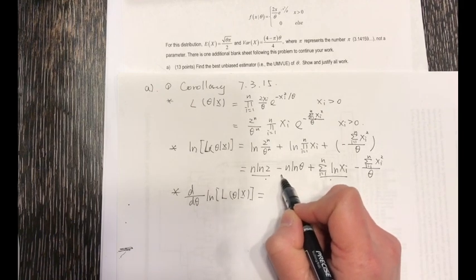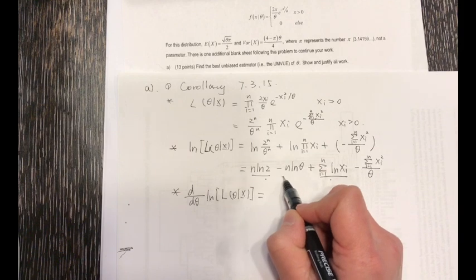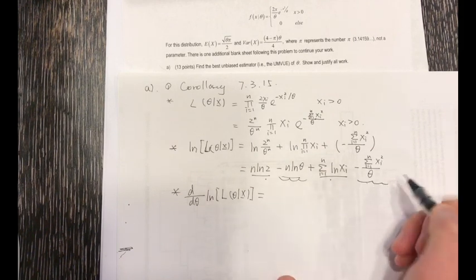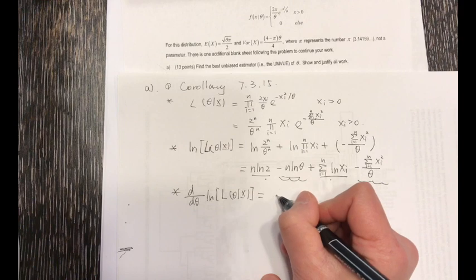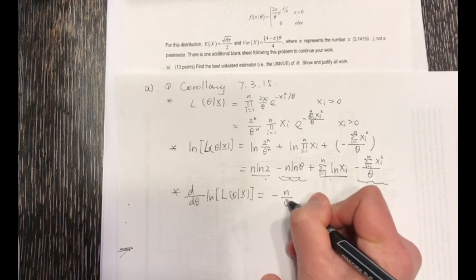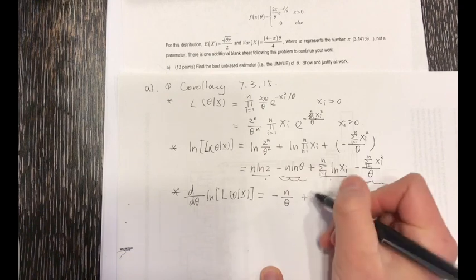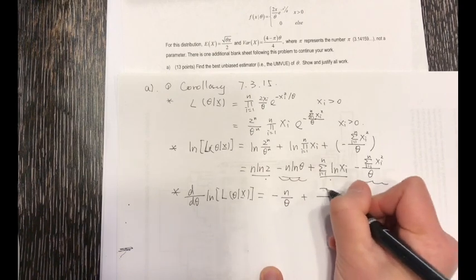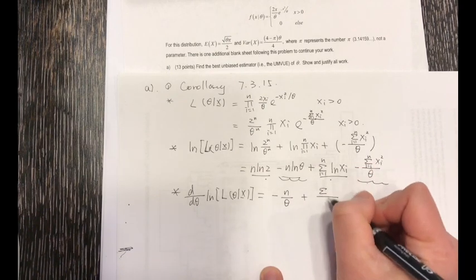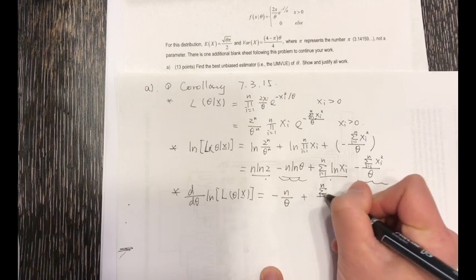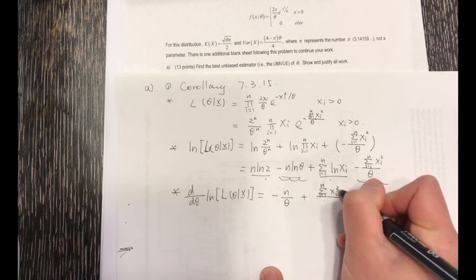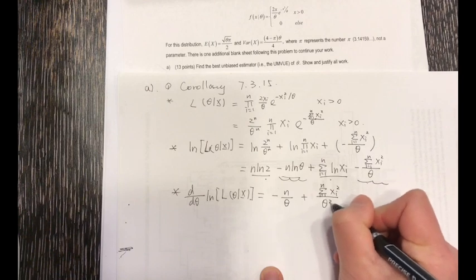We only need to get the derivative from these other two terms. So what we have here is minus n divided by theta plus the sum of xi squared divided by theta squared.